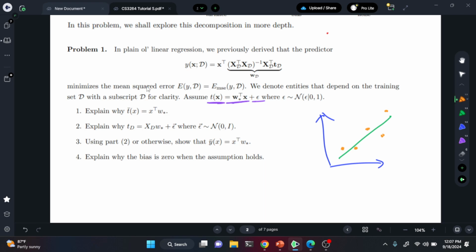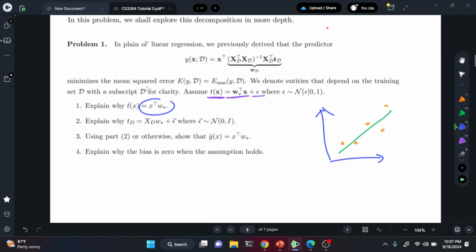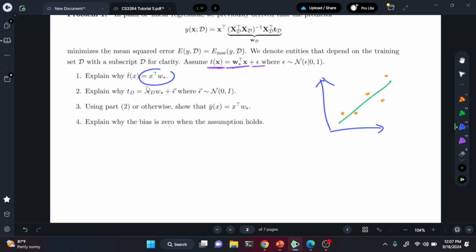That's our important assumption. First one is we want to explain why when we take the average of all the targets, we will get this X transpose W star. How do we get this part? So part one, we define that T of X, this is a vector X. This is equal to W star transpose X plus the random noise.